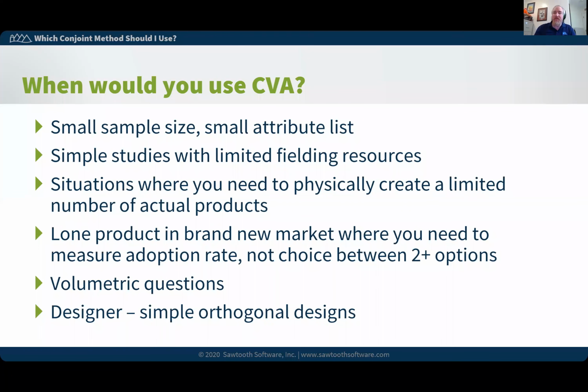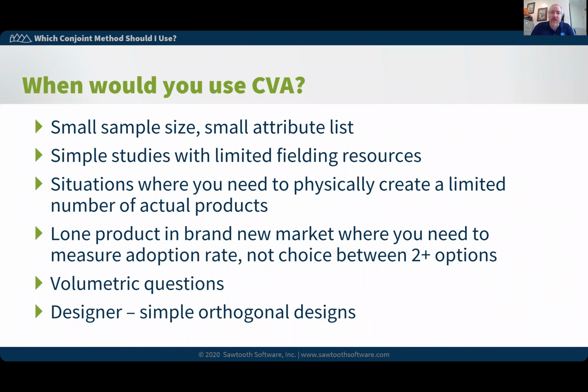But it's much better if they feel it, they heft it, they do the drilling with the tool, and they see what happens when they've used it for a couple minutes. Wow, I thought that would be really good, but it was terrible. Or, wow, that really does stop the vibration. I could drill for days and not get tired with this thing. So if you need to physically create mock-ups of your products, then CVA is good because it can reduce the number of things that we need to look at.